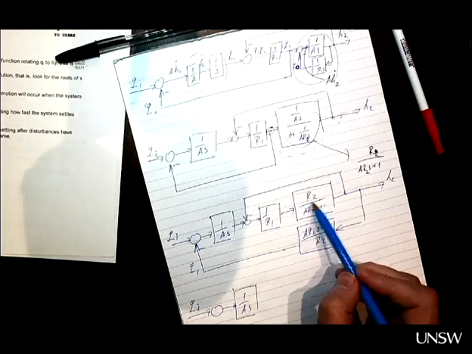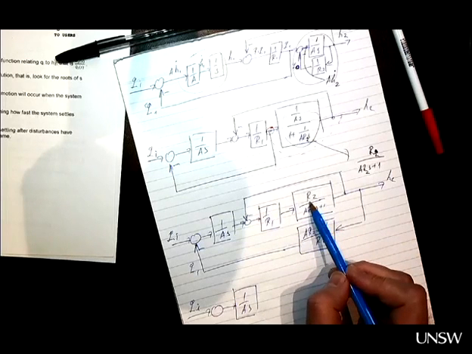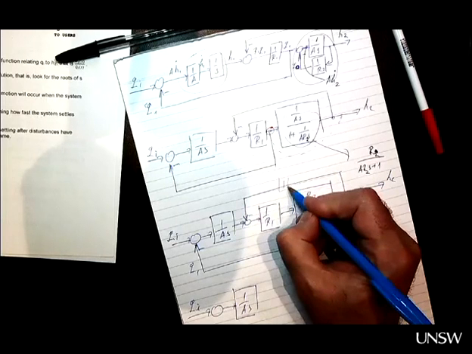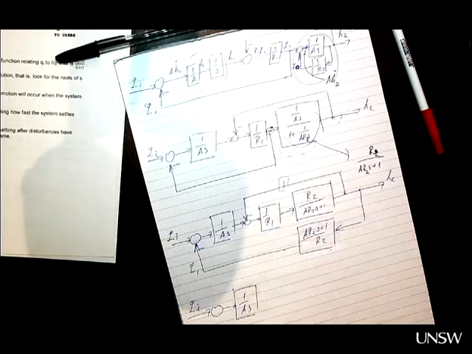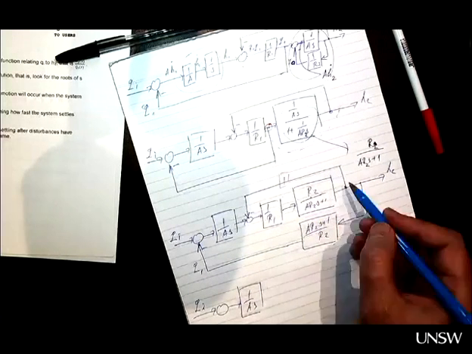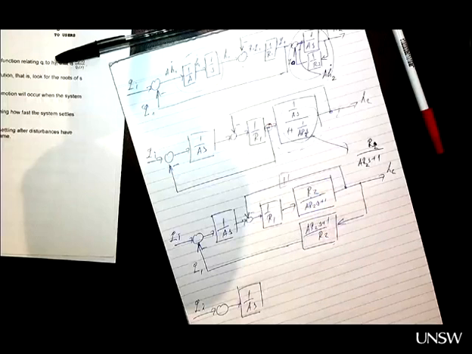The feedback branch, it's 1. The transfer function in the feedback branch is 1. So G1 and G2 is not what is on top and what is on bottom, but actually what is in the main branch and what is in the feedback branch.